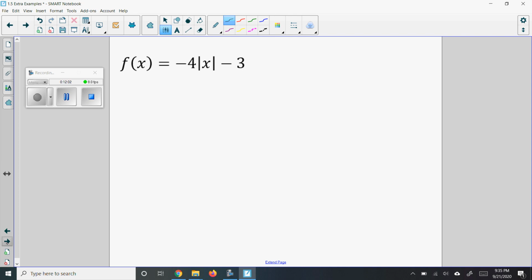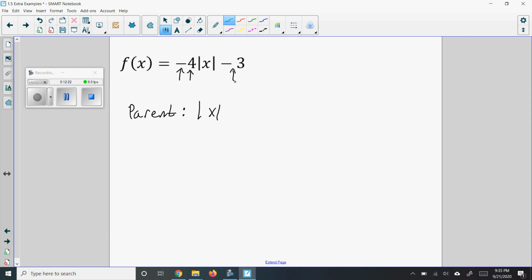Okay, the parent function here, again, is the absolute value of x. All of these transformations are outside the function. This is outside the absolute value, this is outside the absolute value, and this is outside the absolute value.